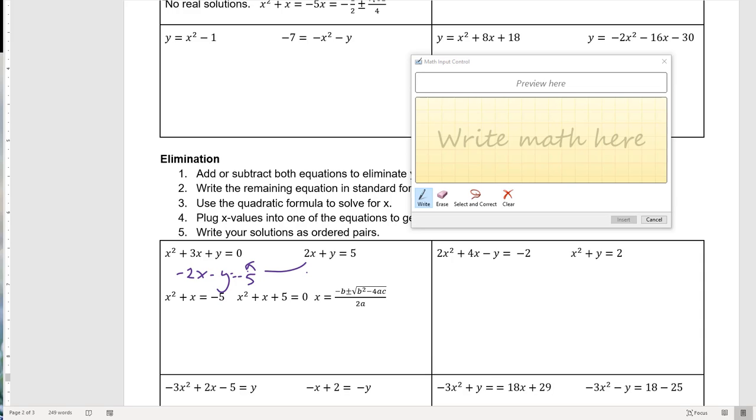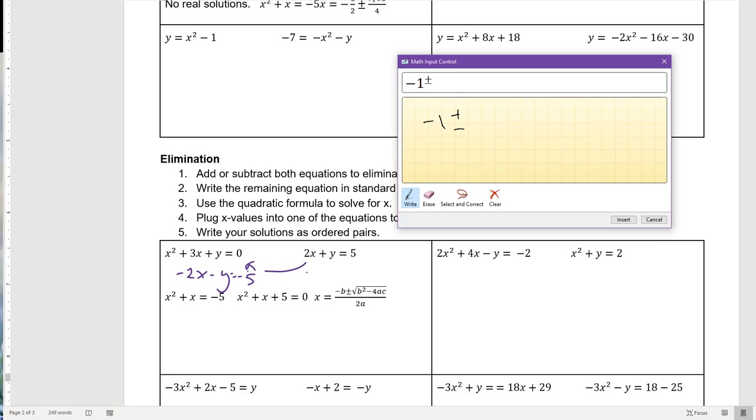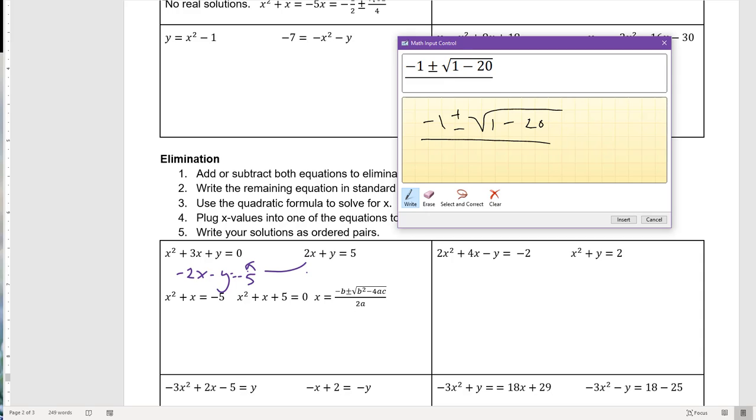At this point, we use the quadratic formula, plug in the values, and find x. So this gives us negative b, which will be negative 1, plus or minus the square root of b squared, which is 1, minus 4 times a, which is 1, times c, which is 5, which is 20, all over 2 times 1.